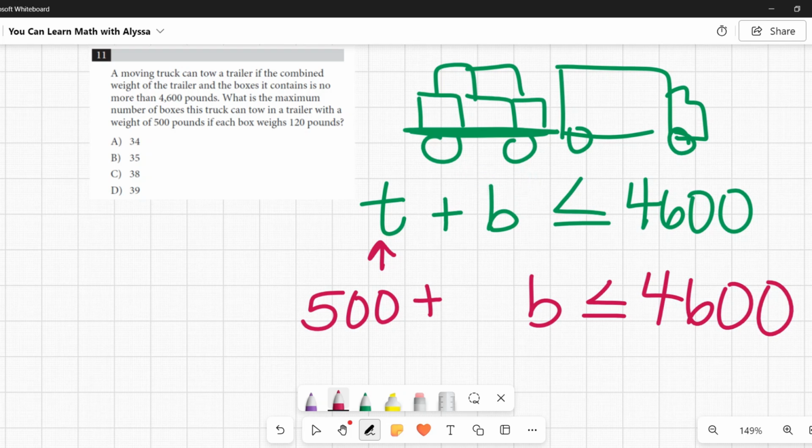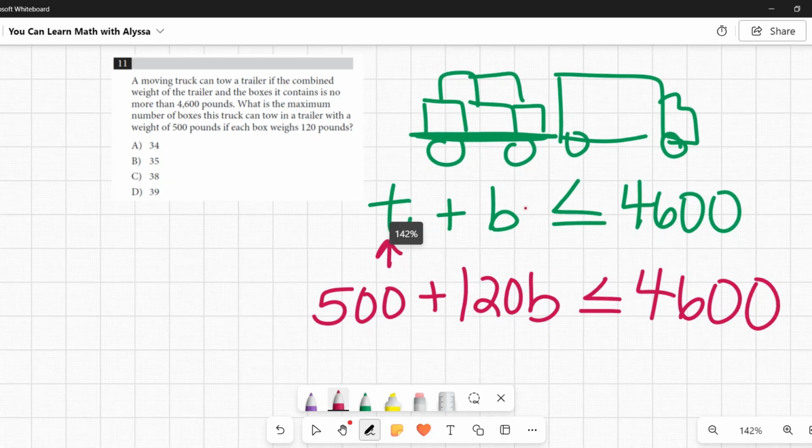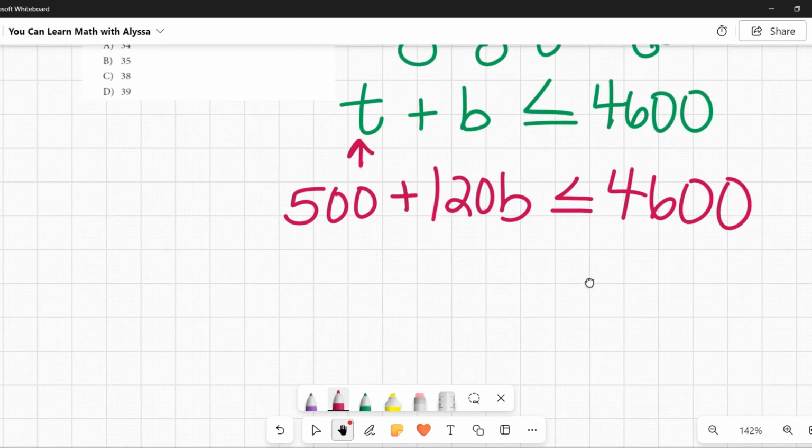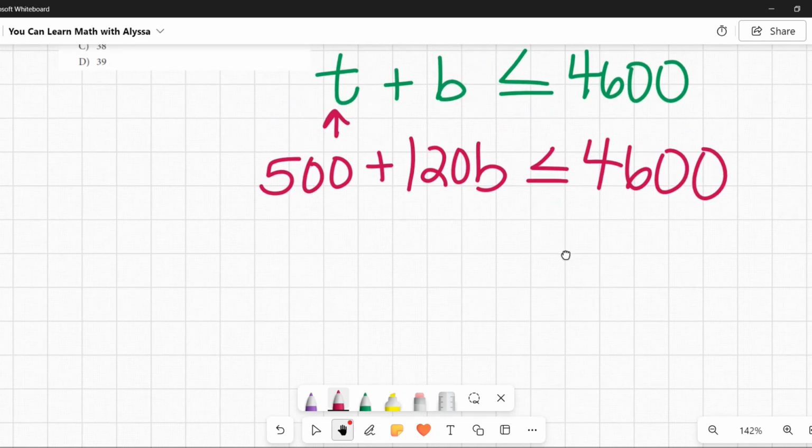If I had two boxes, this would be 240, or 120 times 2. So if I say B is my number of boxes, then it would be 120 pounds for each box, 120 times B. So there's my equation, and I need to solve for B. 500 plus 120B is less than or equal to 4,600.